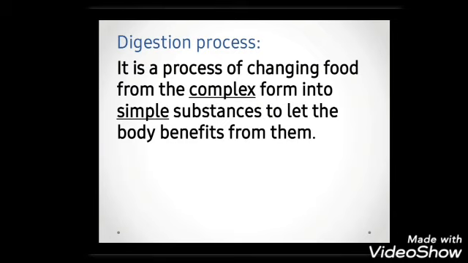The function of the digestive system is to digest the food, and this means the digestion process. So the digestion process is the process of changing the food from the complex form, or from the big one, to small pieces to let our body benefit from it. So the organs of the digestive system help me to make the food from the complex form to small pieces.